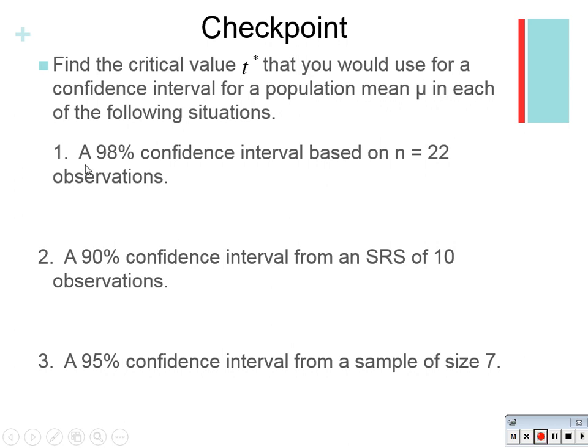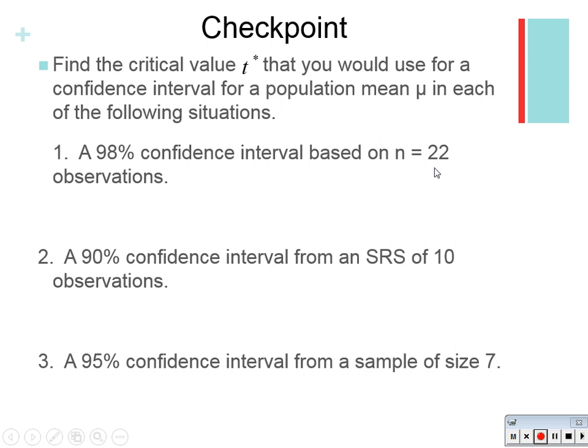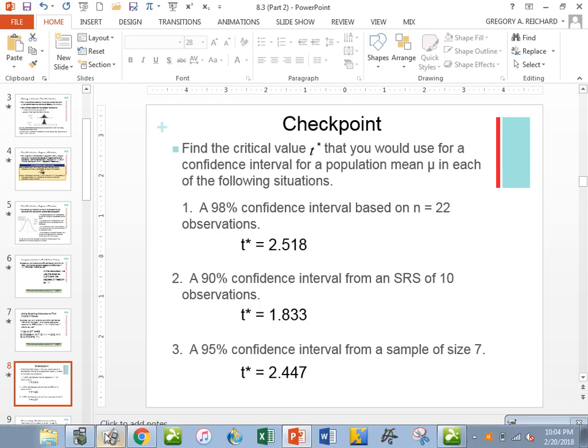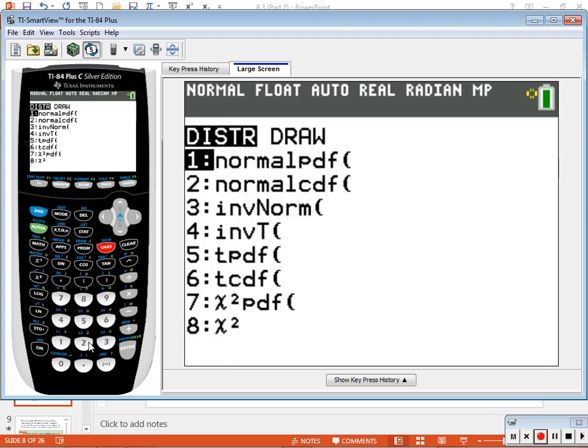So if we were going to find the t-star score for a 98% confidence interval based on a sample size of 22, we would find that the t-star score is 2.518, and we would get that simply from doing the inverse t, right? So I go to second vars, and I'm going to go to 4.